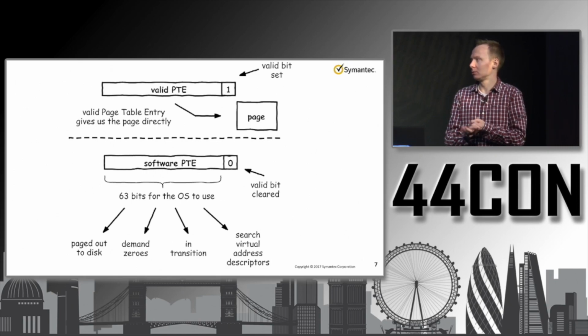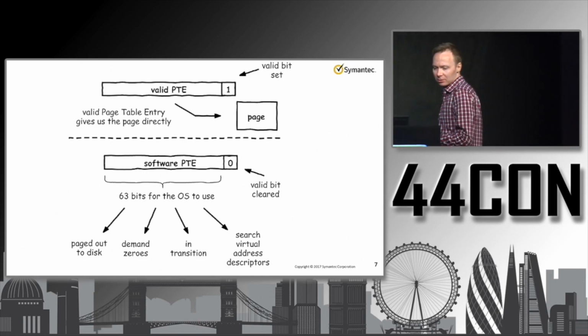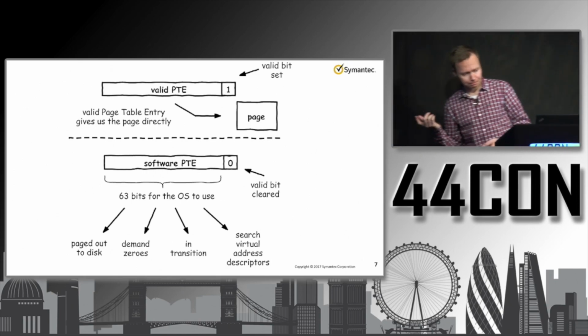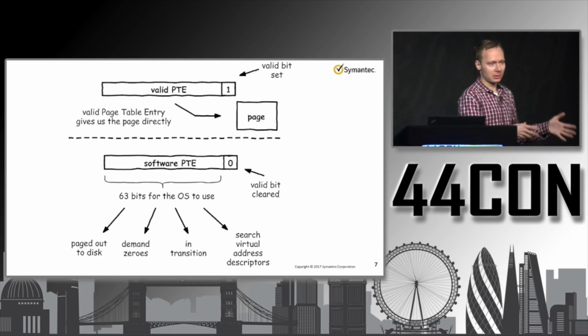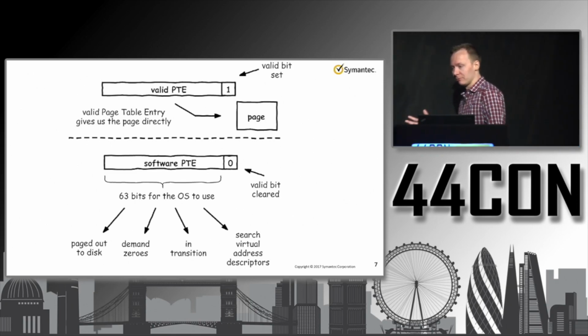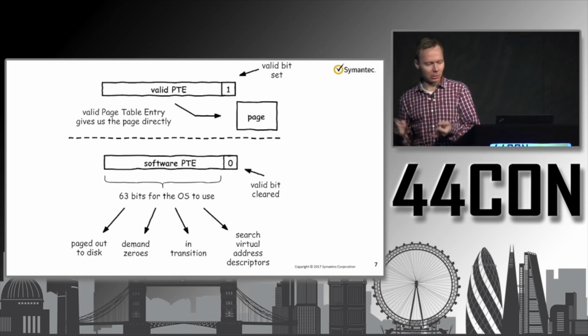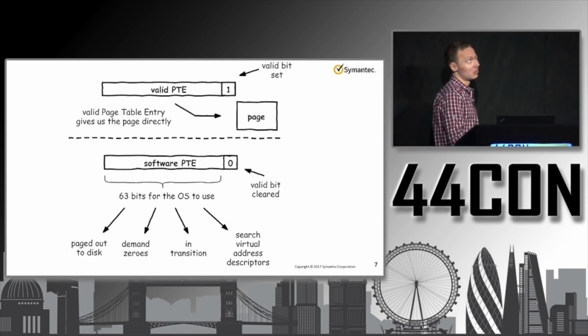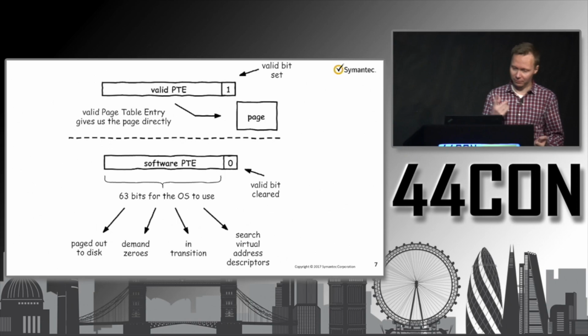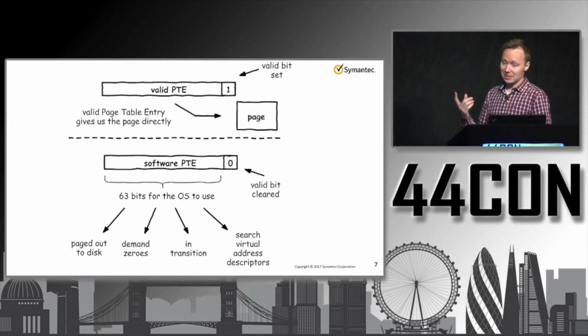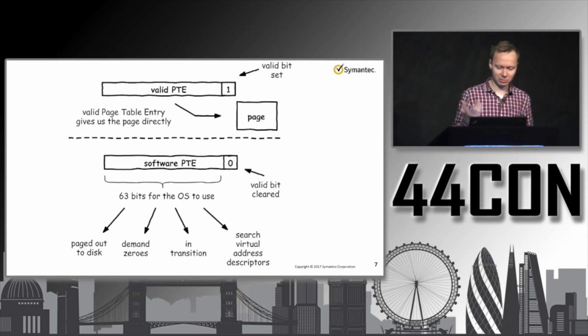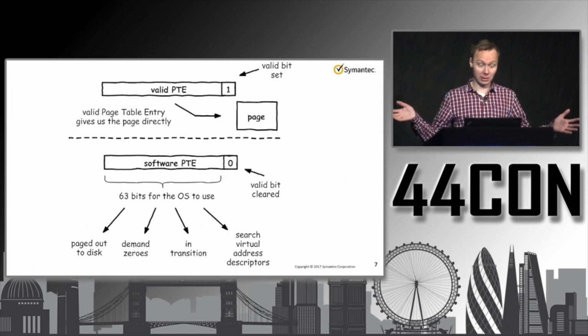Basically, it can be paged out, just like a swapped file, in which case there will be bits in there telling you where to find the contents, like the number of the page file and the offset. It could be a demand 0 thing, which isn't really interesting. It's just saying, give me 4K of zeros.